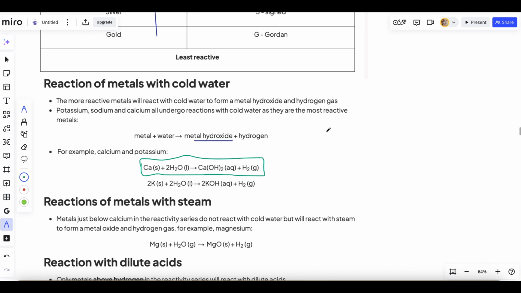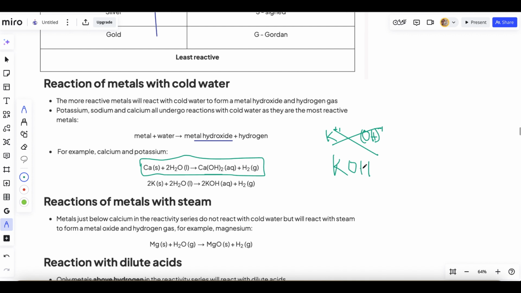Because potassium has +1, and the OH that is going to form with it has -1. So if I cross multiply, the 1 multiplied will still be K, and the OH times this one, so it will be KOH. That's why potassium hydroxide is this.